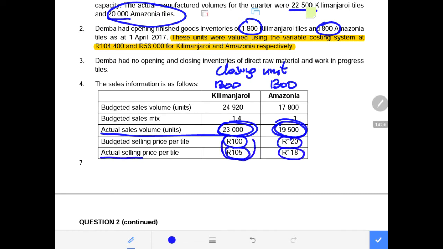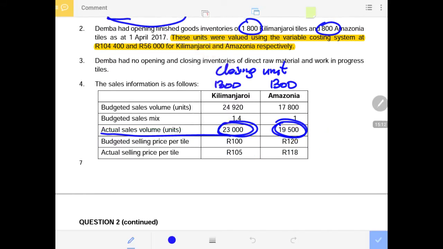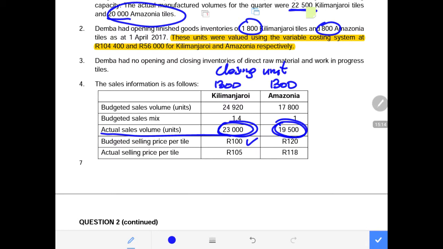The variance for the first product will be favorable, and for the second product it will be adverse, because we sold our inventory at a price less than we anticipated for the second product. For the first product, we sold at a price higher than budgeted. That means we would have made a higher profit than we expected. But for the second one, we would have made a lower profit than anticipated, which is unfavorable for the business.